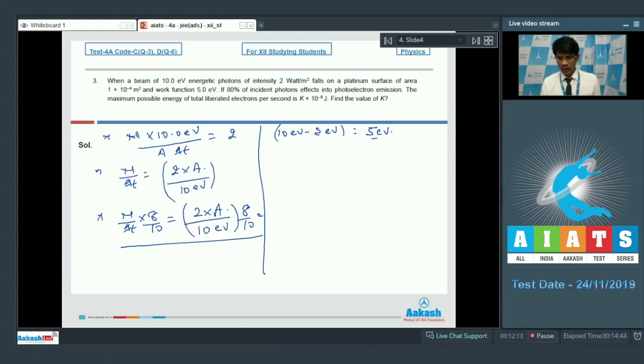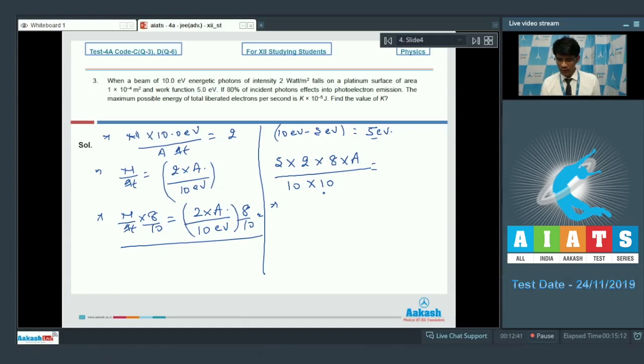So I would say the maximum possible energy would be 5 into 2 into 8 into A, this number, divided by 10 electron volt into 10. This is the maximum possible energy that will be emitted from the surface, and the area here has already been given as 1 into 10 to the power minus 4 meter square. So I would say this is the energy liberated per second.